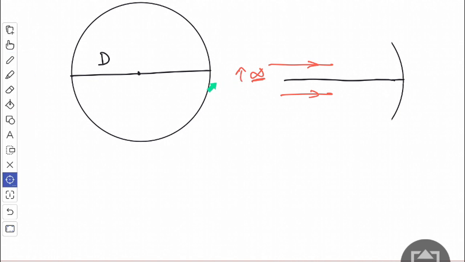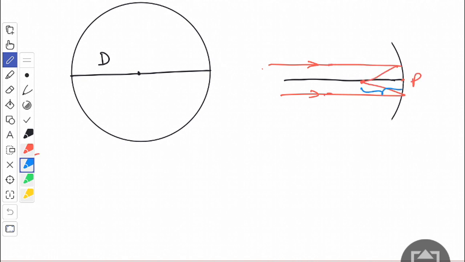Object is very, very far off. In fact, let me remove this so it will not create confusion. So object is at infinity. Now what happens is after reflection, all these rays meet at a point, and this distance is equal to 30 centimeters. The question is for you, D equals how much?